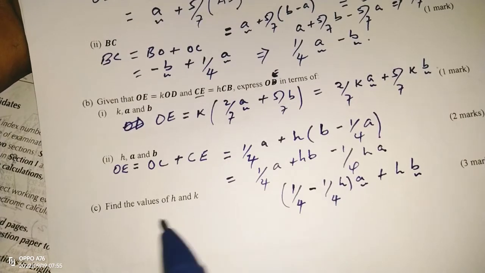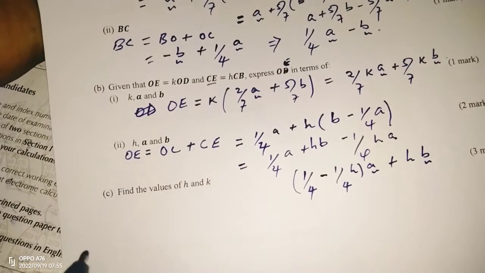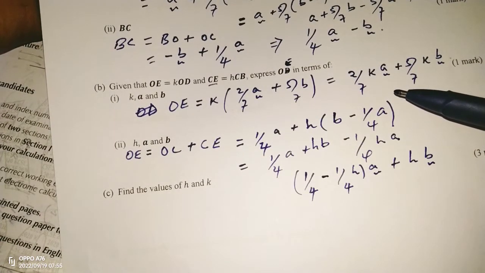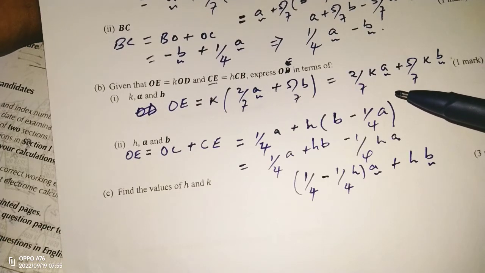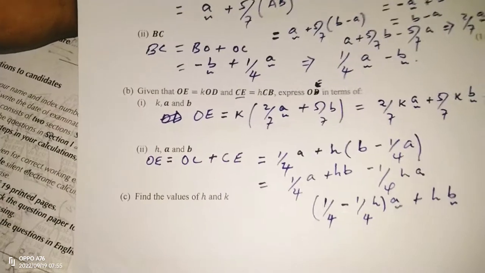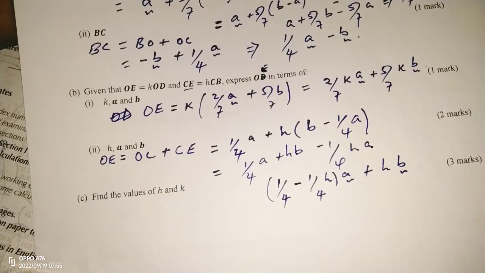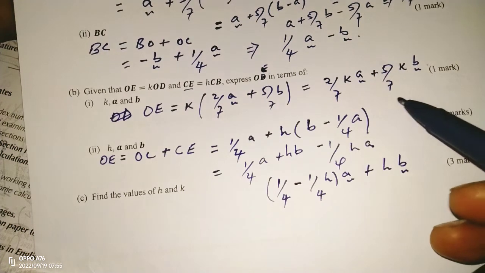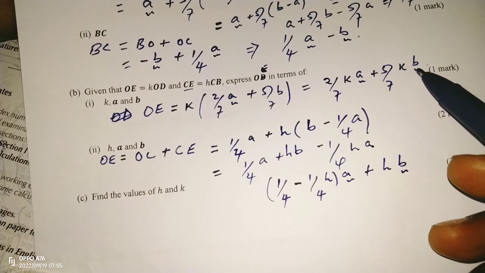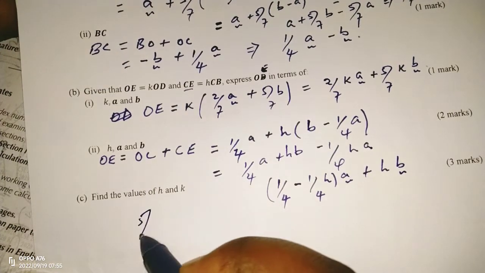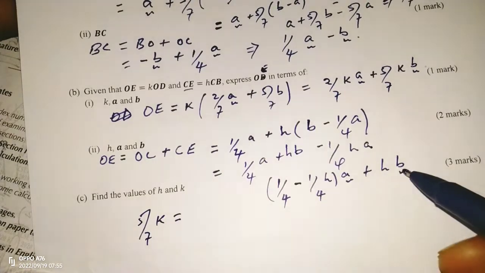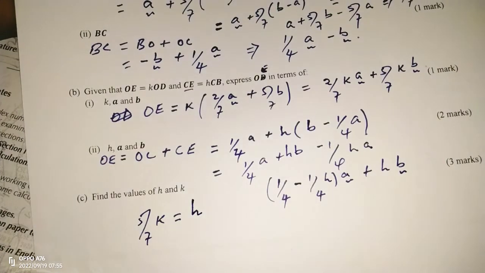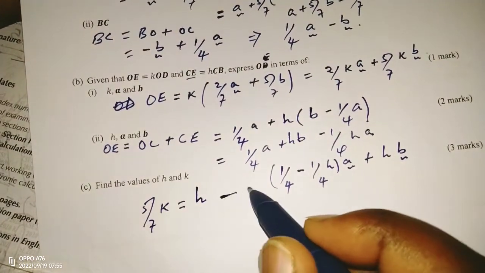Finally, we are finding the values of H and K. Now that we have two expressions of OE, we can equate the components in each vector. In the first and second expressions, we equate the components of B: the coefficient of vector B is 5 out of 7 K, which we equate with the coefficient H. This is the first equation.